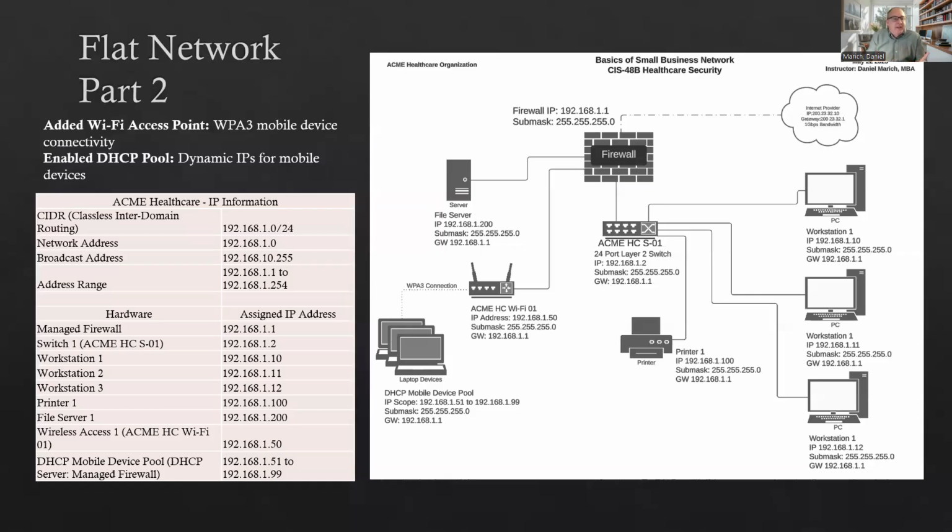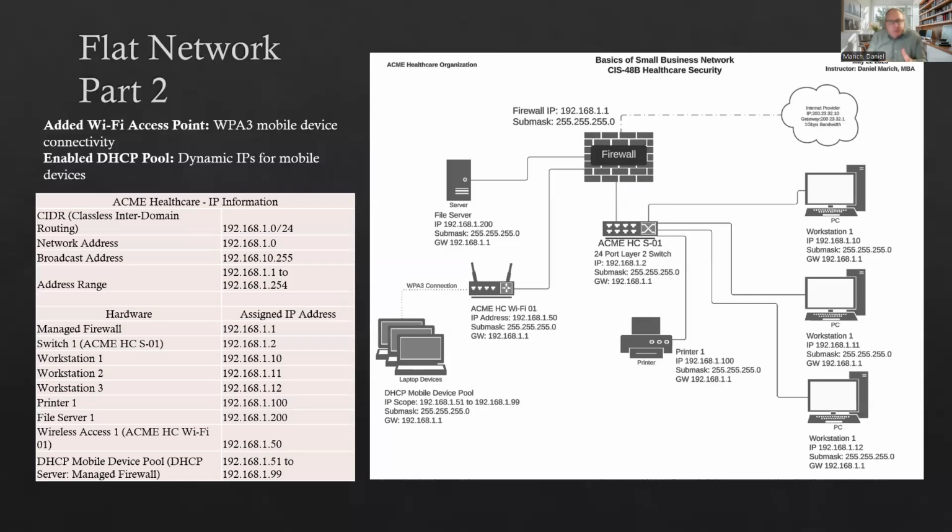Then we have our DHCP mobile device pool. The DHCP is managed by the firewall, so in order to set up a pool of DHCP devices, it has to be managed by the firewall.